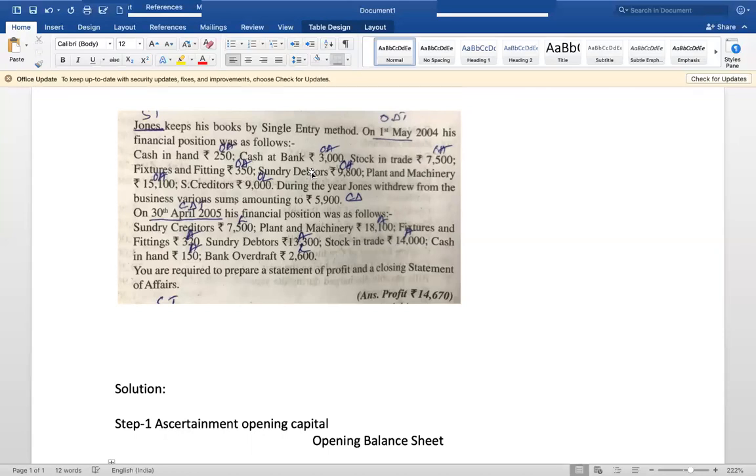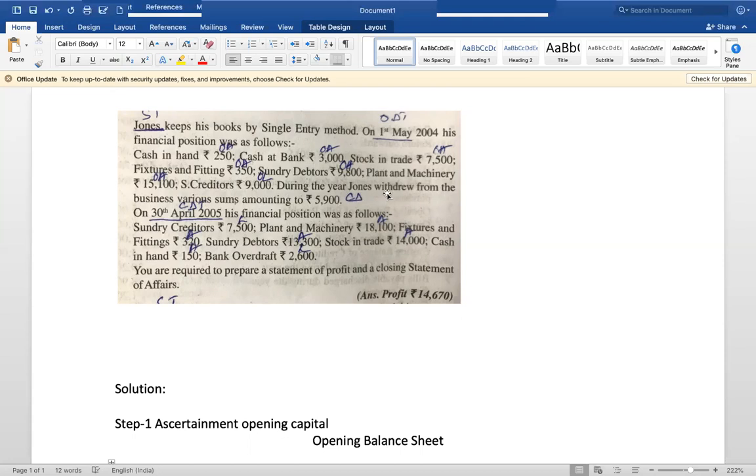And you also have furniture and fixtures of 350, debtors of 9,800. All right, and is that all? No, there's plant and machinery also, 15,100. Now, lastly, you have creditors, 9,000. This creditors is a liability, and the rest are all assets.